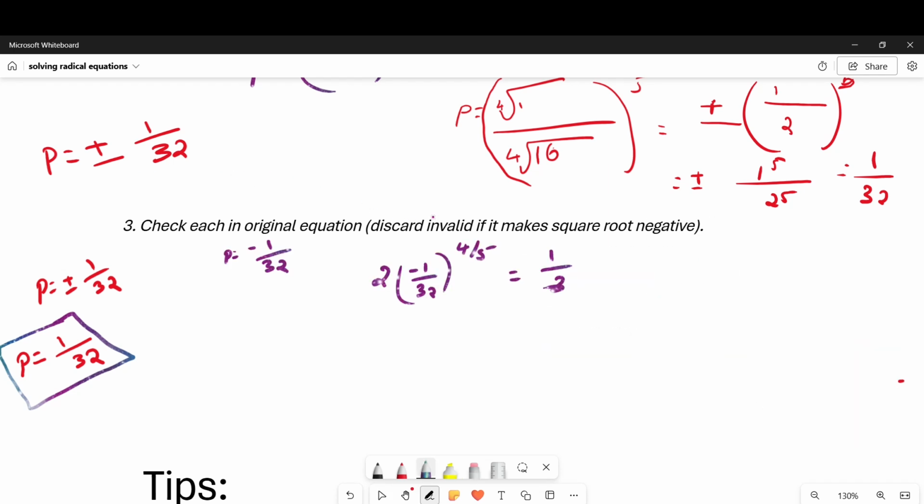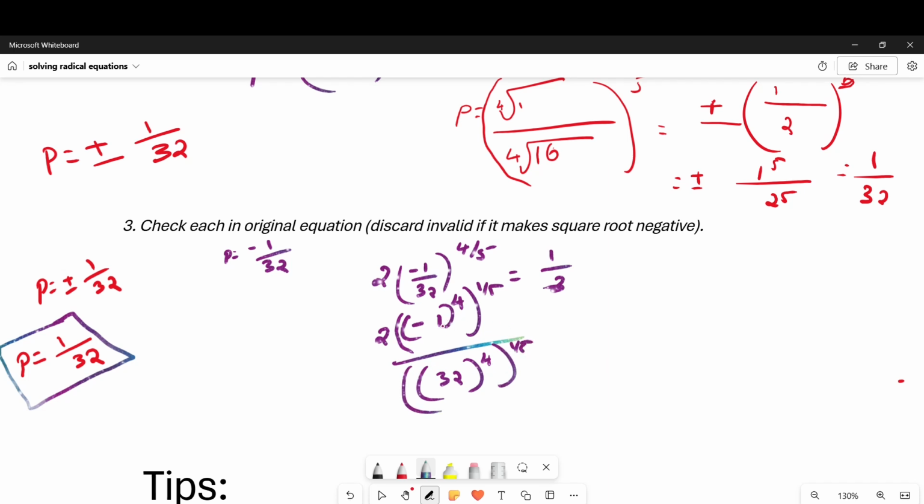First, we cannot take a root of this negative number directly, so we split this term into minus 1 all raised to 4, all to the power 1 by 5, divided by 32 all raised to 4, all to the power 1 by 5.